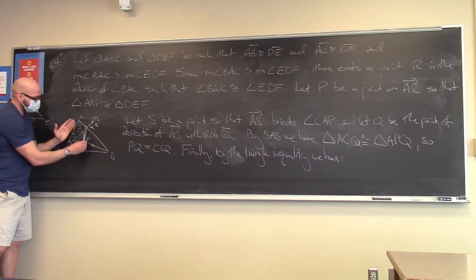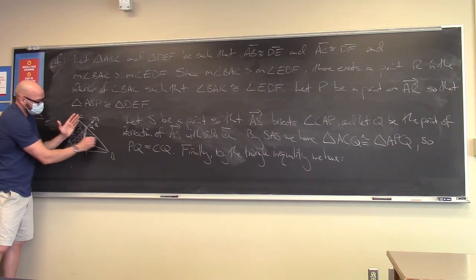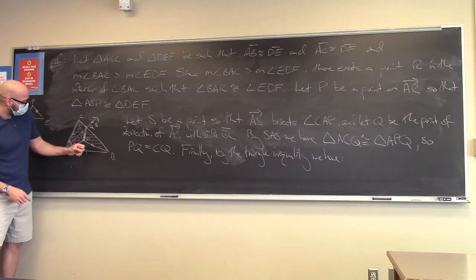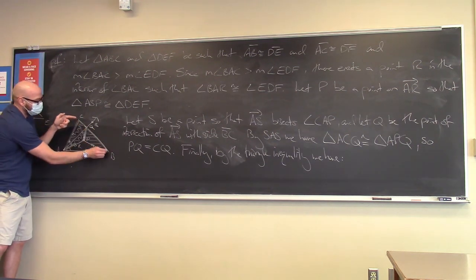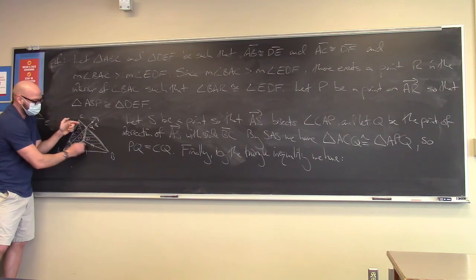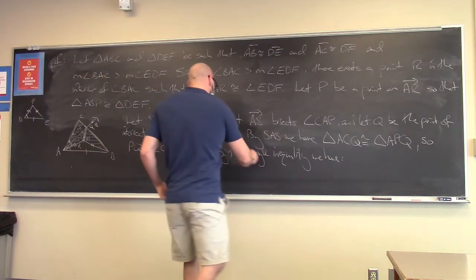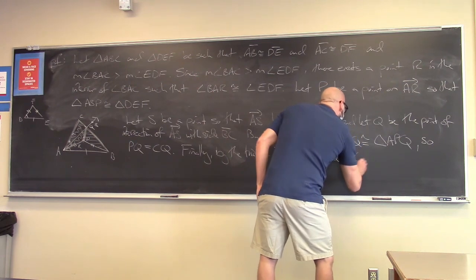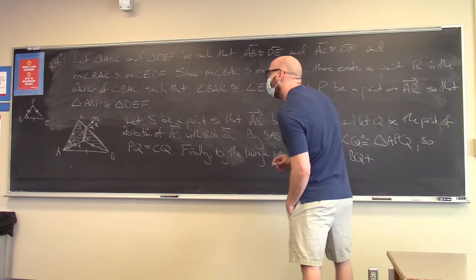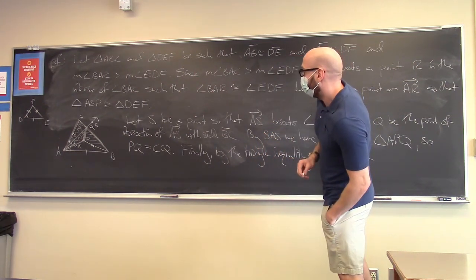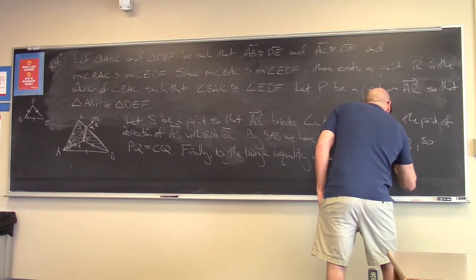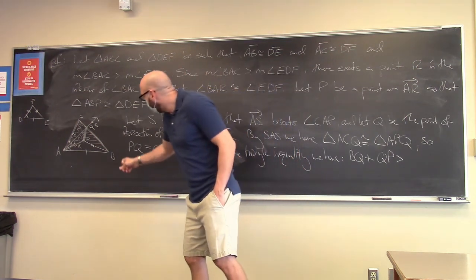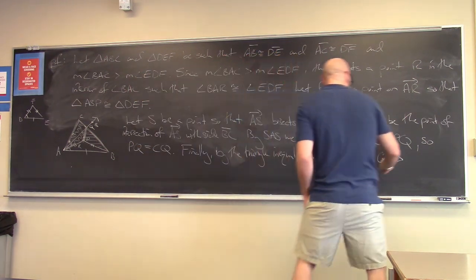Well, what I can do is I can invoke the triangle inequality on this last triangle here. I can say that BQ plus, so this side plus this side is longer than this one. So BQ plus QP is longer in measure than BP.